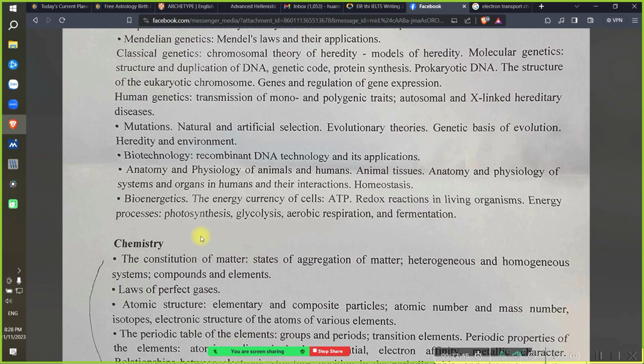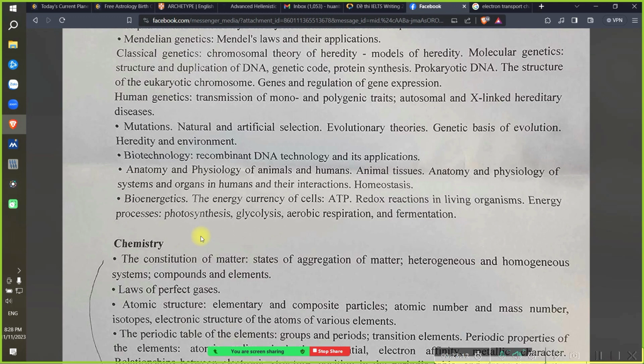Pyruvate oxidation occurs inside the mitochondria. The Krebs cycle occurs inside the mitochondrial matrix. And the electron transport chain occurs in the inner membrane of the mitochondria.